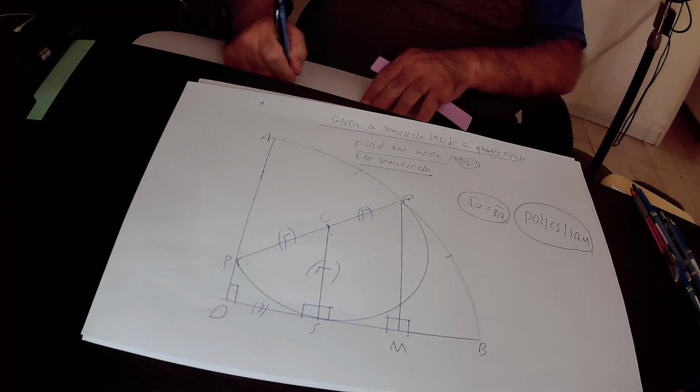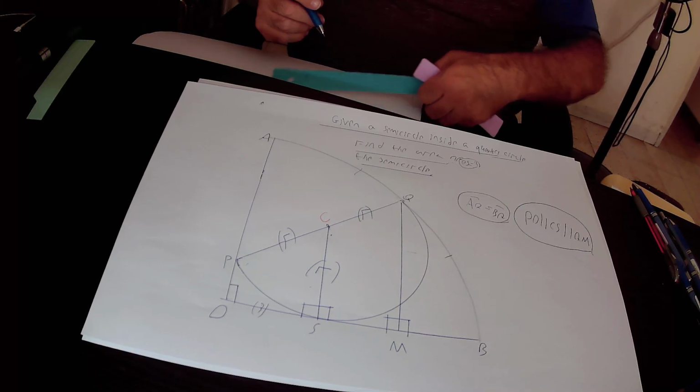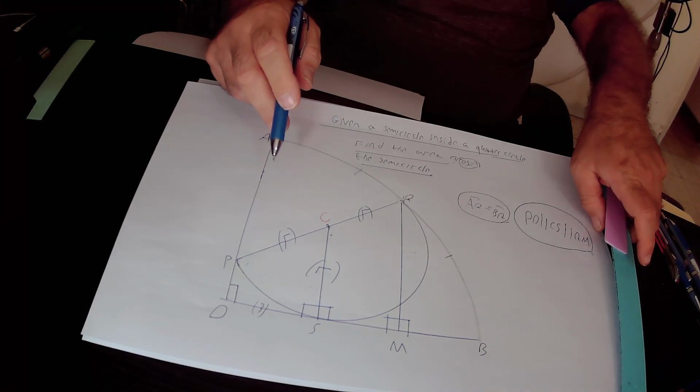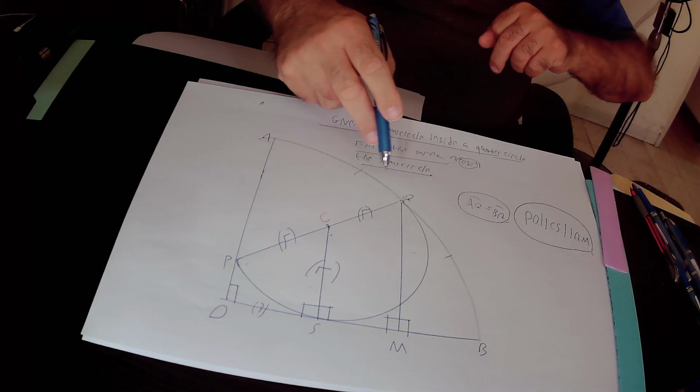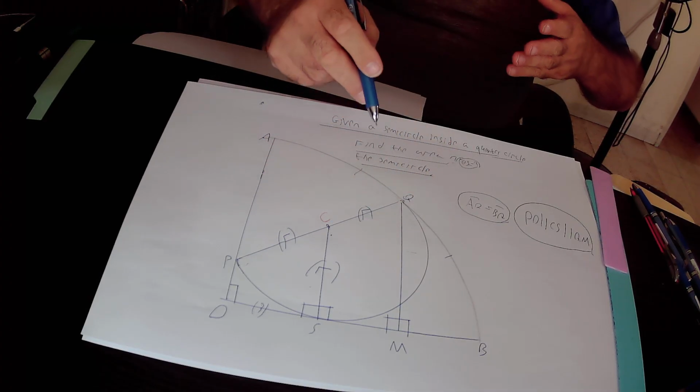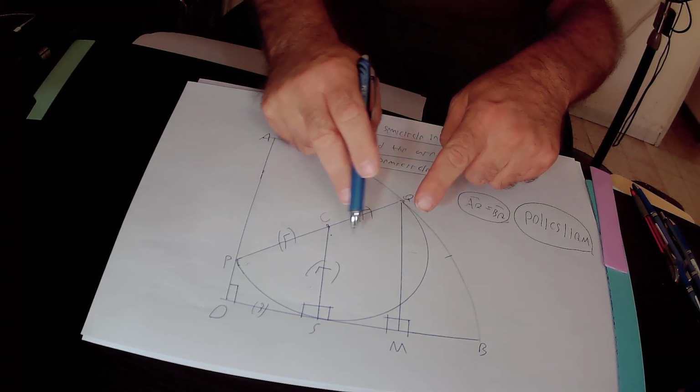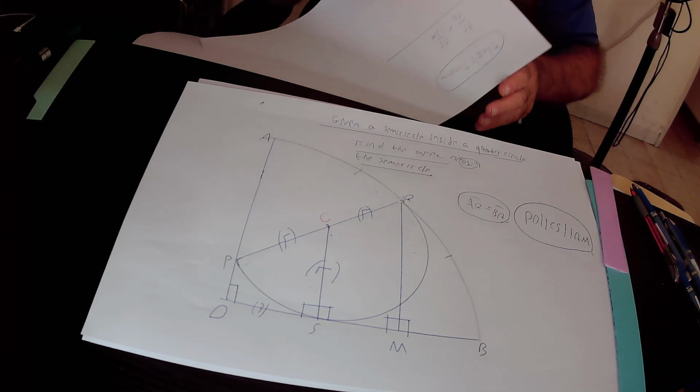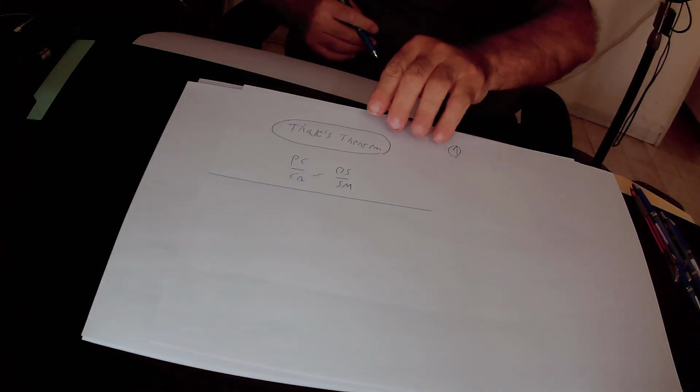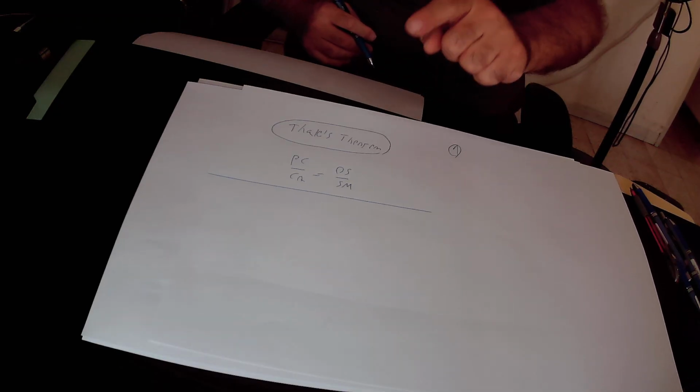Again according to Thales theorem, a special relationship exists between line segments PQ and OM that connect those three parallel lines. That is to say, PC over CQ equals OS over SM.